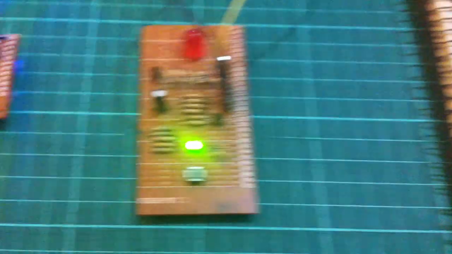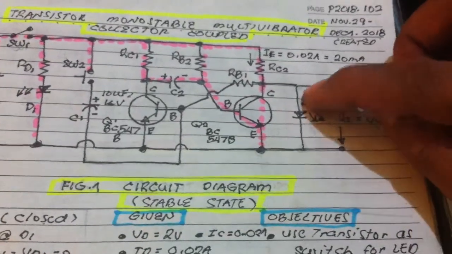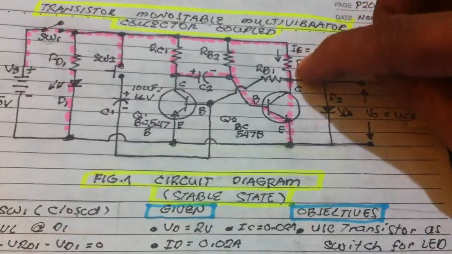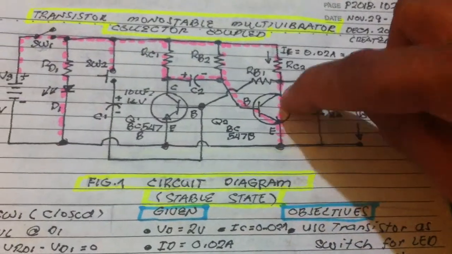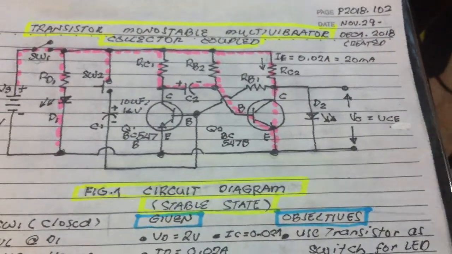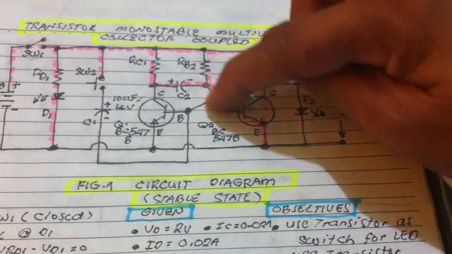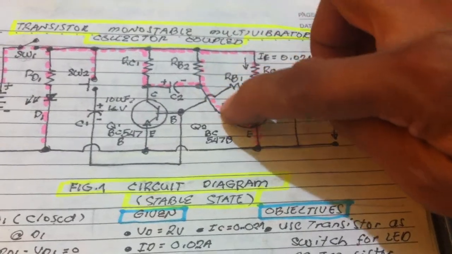Since, as we have seen here in our circuit, the LED is off. It means there's no current at the LED here, and the current flows into the collector-emitter junction, making the transistor operate in saturation mode, because there is a base current here.